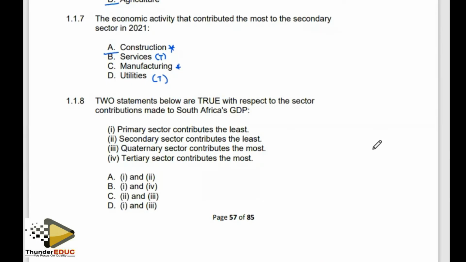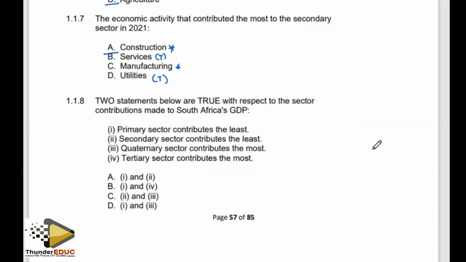Number 8, two statements below are true with respect to the sector contributions made to South Africa's GDP.